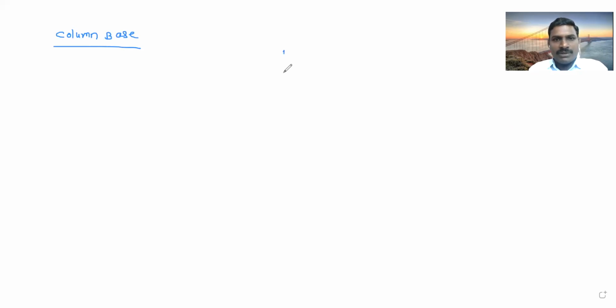So again, I will draw the sketch. This is the base plate we are providing. This is your I section. Below this base plate there is a concrete pedestal.